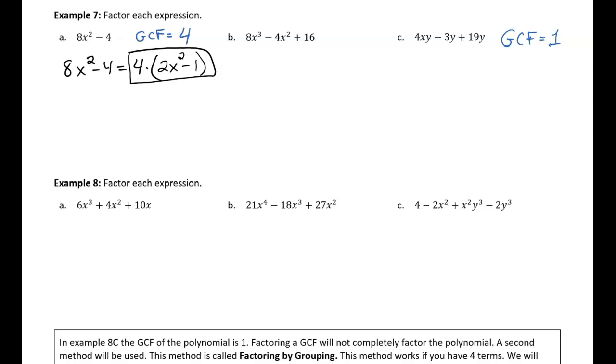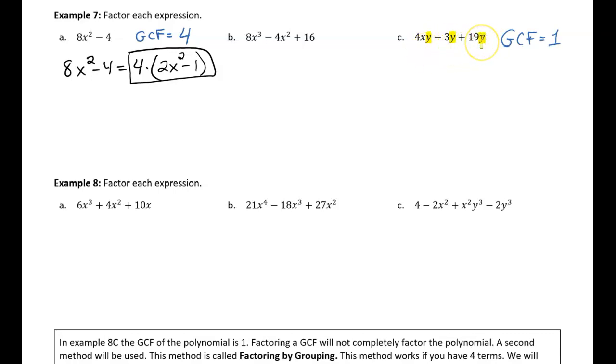But my other pieces may have something to do with this. Looking at the variables now, we haven't really considered variables in our examples too much, but look at the variables that these 3 pieces have. We have x times y minus 3 times y plus 19 times y.